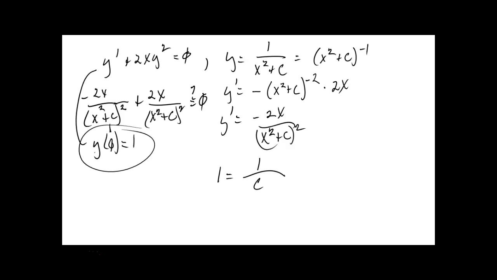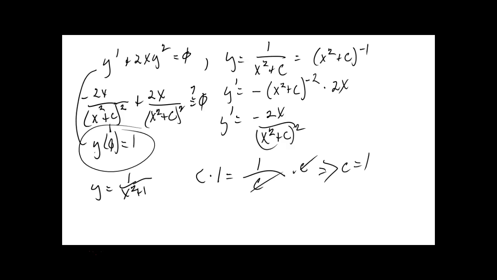Figure out what c is. That's pretty easy, isn't it? Multiply both sides of the equation by c, and you get c is equal to 1. So we go back and plug in. Y is equal to 1 over x squared plus 1. There is your solution that fits that initial condition. You no longer have a c in it. You had a c, but the initial condition wiped it out. Told you which c to put there. C is equal to 1.